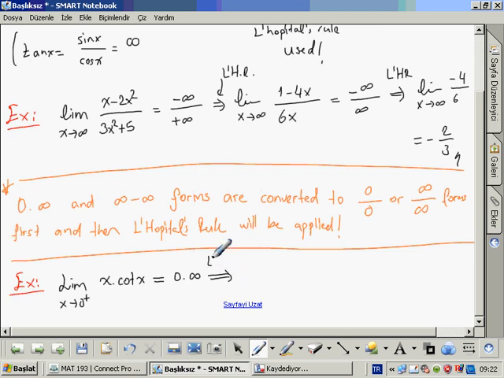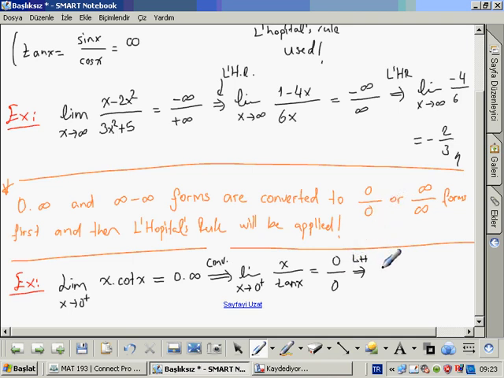We can say limit x equals to 0 from the right hand side, we can use x over tangent x, because we know that cotangent x equals 1 over tangent x. We use this equality, and after that our indeterminate form is converted to 0 over 0, as you see. I'm sorry, here is no L'Hopital rule, here is conversion.